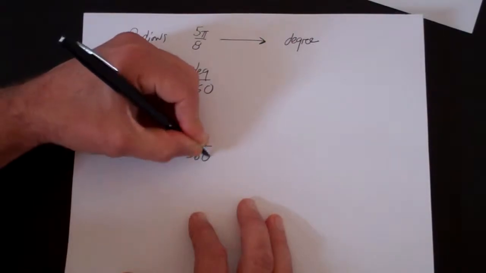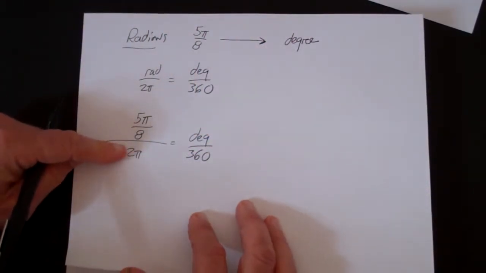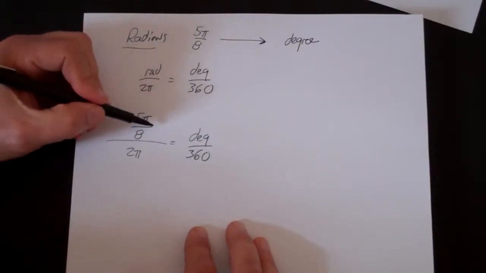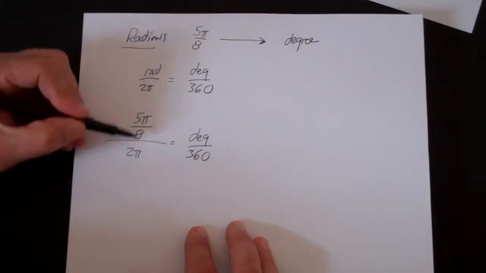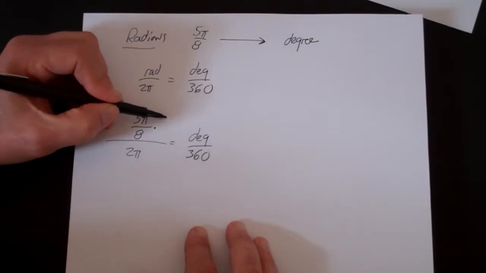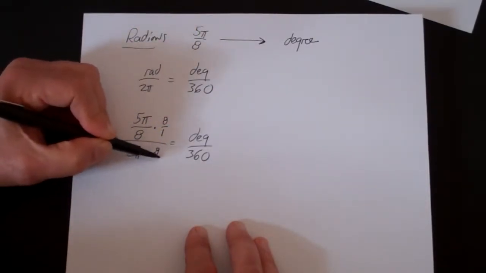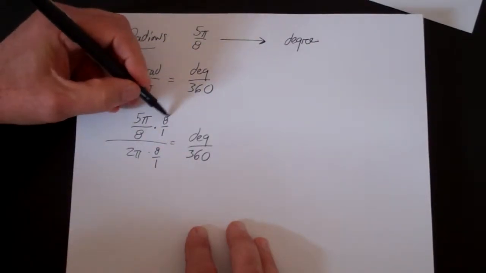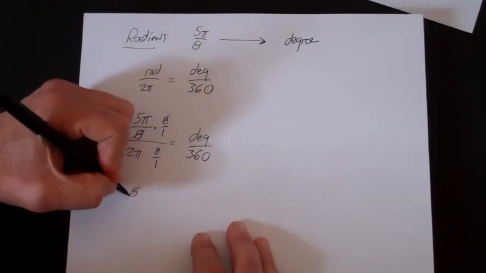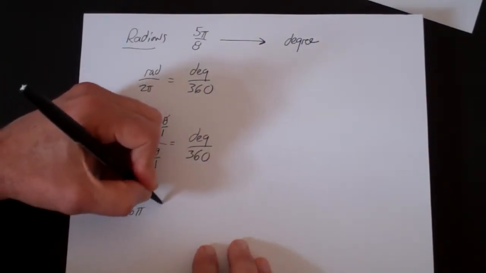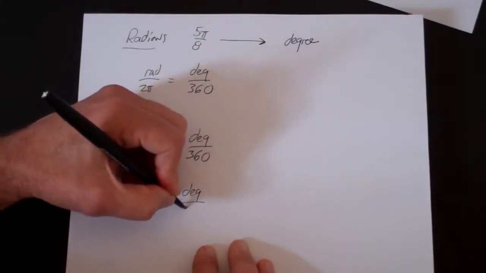Now in one way this is harder than the previous because we have a fraction over a fraction. So what we want to do here is simplify this. There are a lot of different ways to simplify this. Maybe the easiest way is to multiply the numerator by 8 over 1 and the denominator by 8 over 1. And then the 8's cancel, and you get 5 pi over 16 pi equals degrees over 360.